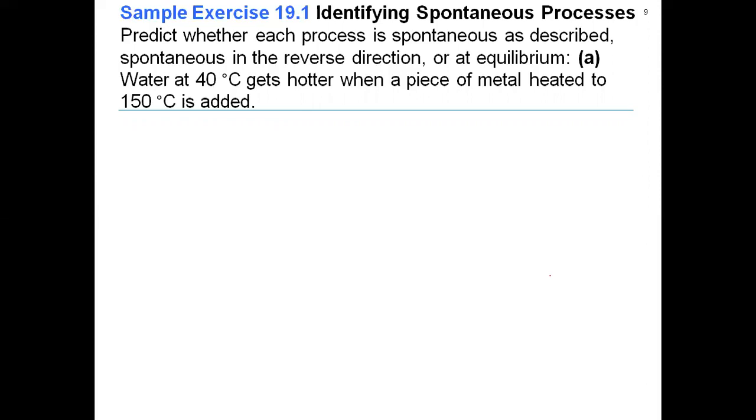So what happened? The water's temperature increases, and the metal gets cool, its temperature decreases. So finally, the water and metal have the same temperature. So this process, the water getting hotter, is spontaneous.